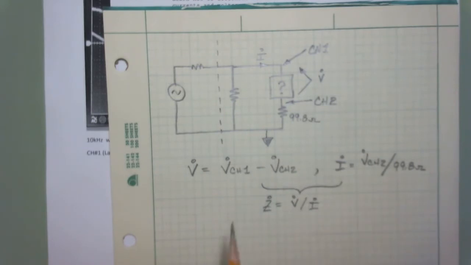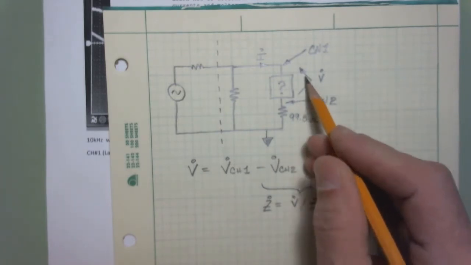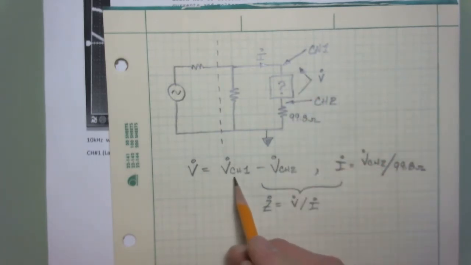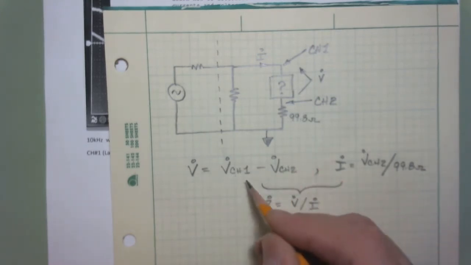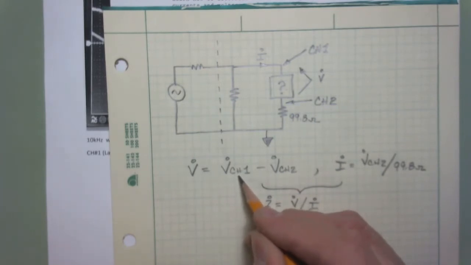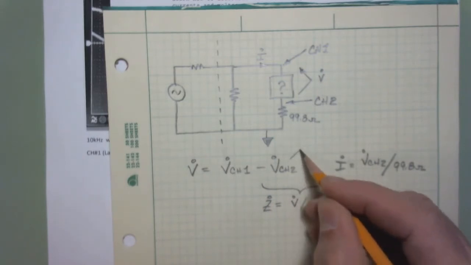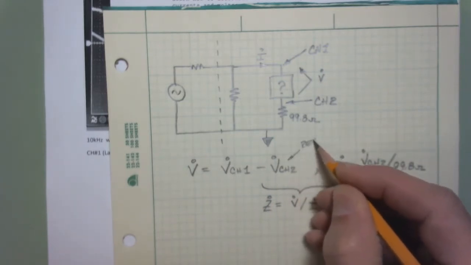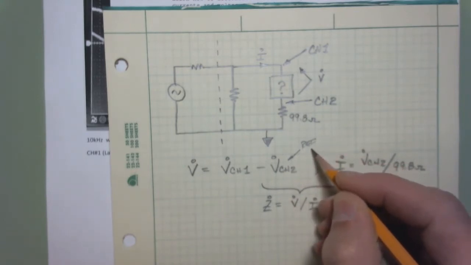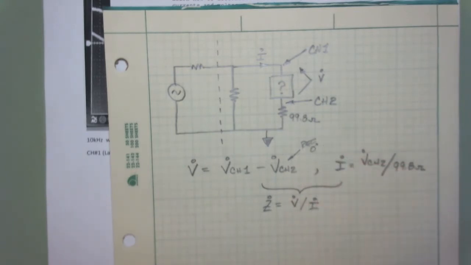With channel 1 and channel 2, we can say that the voltage across this unknown impedance is going to be the difference between our channel 1 voltage, which we'll pull off the graph, and the channel 2 voltage. We'll take channel 1, with whatever its magnitude is, as a reference of theta equals 0, like we did last time. We'll take it as 0 degrees, and find the difference between those.